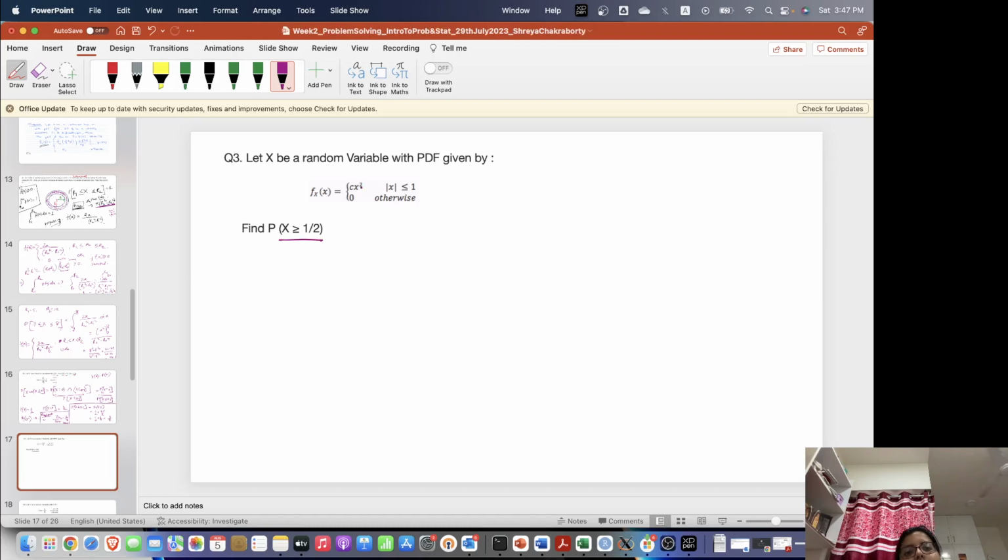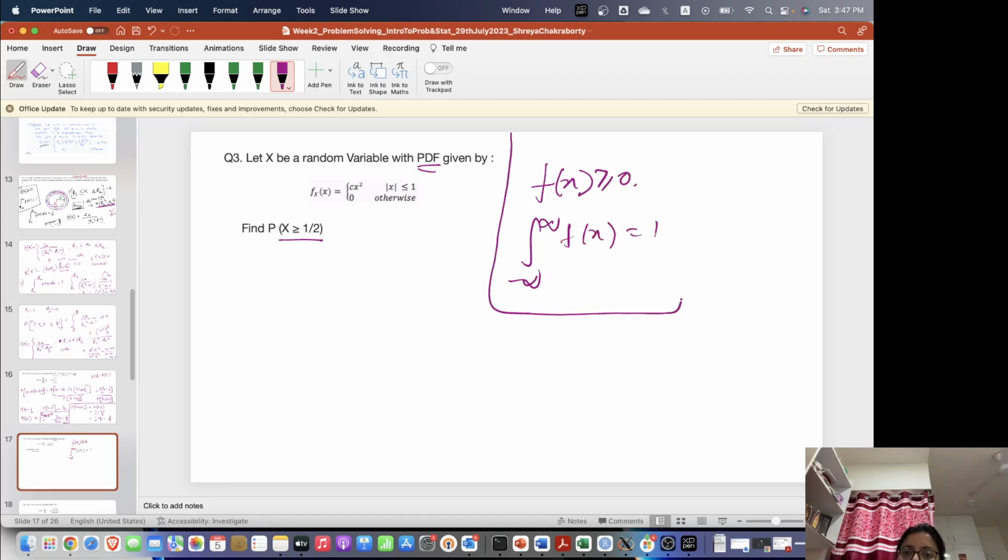Here we don't know what the value of C is, but we have a PDF. So for any PDF, these two properties should hold. Using these two, the first step is to find the value of C, and then using C we can get the required probability.